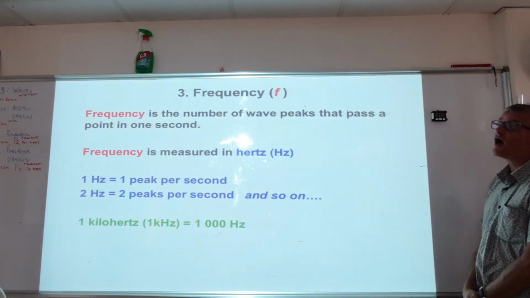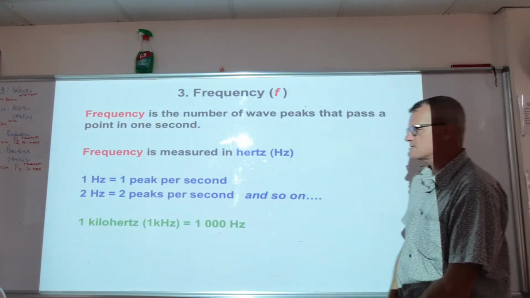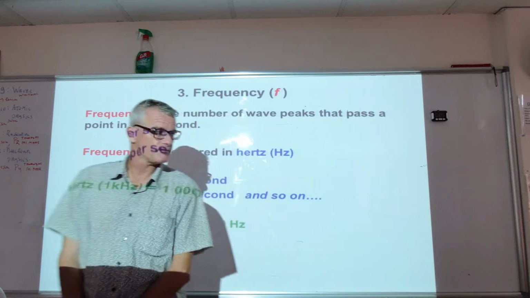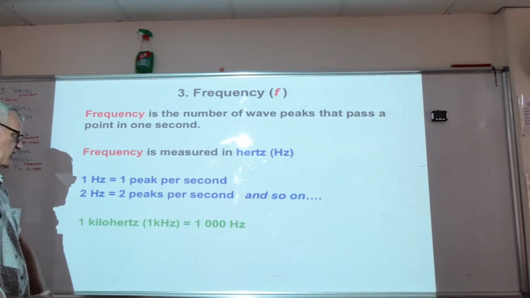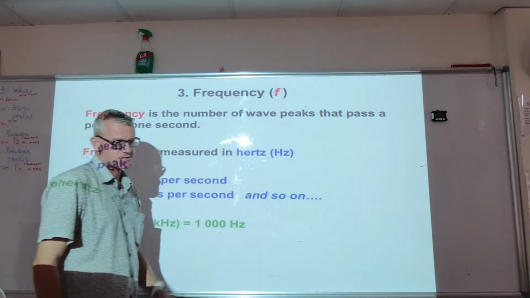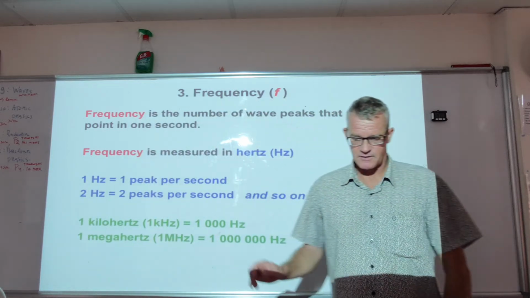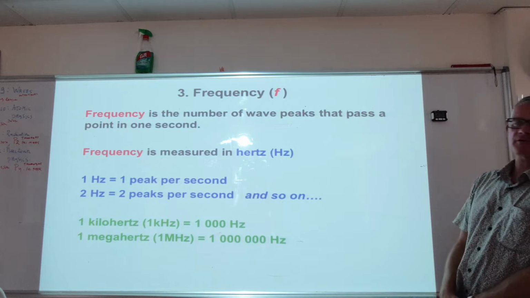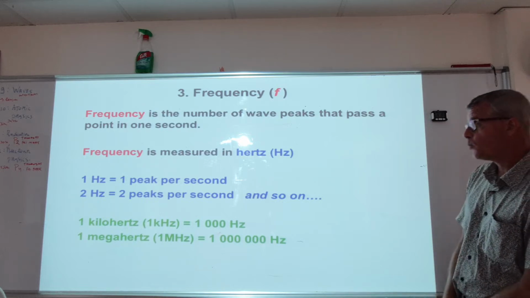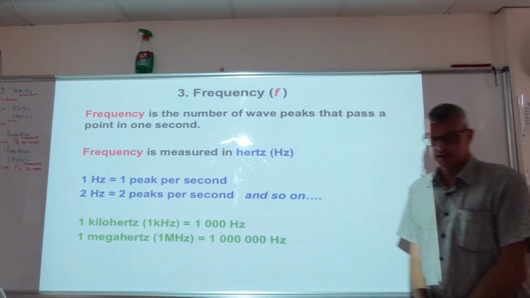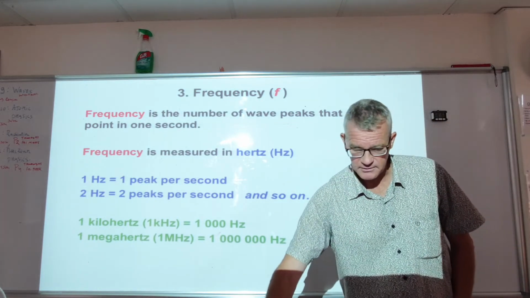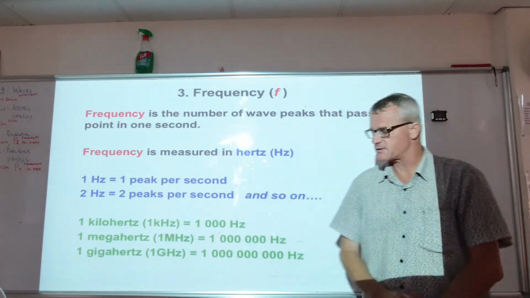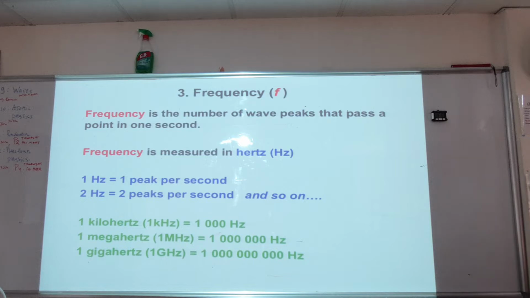When we have 1,000 peaks per second, we're talking about kilohertz. 1 kilohertz is 1,000 hertz. And 1 megahertz is 1 times 10 to the power of 6 hertz, or 1 million hertz. And again, make a note of that. 1 gigahertz is 1 billion hertz.